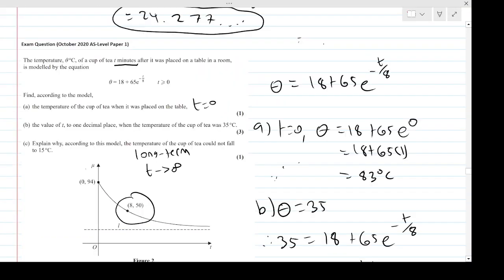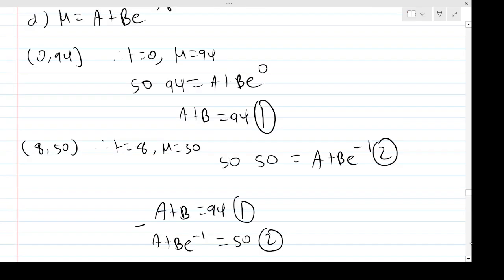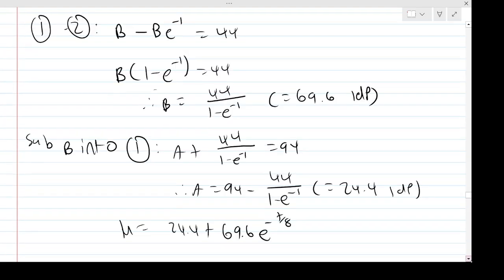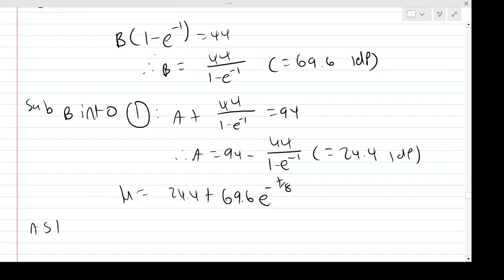Now the asymptote of my curve, the equation I've worked out, mu, it's the long-term behaviour. It's what it's tending towards when t goes to infinity. So again, let's consider t going to infinity. As t goes to infinity, what does mu go to?